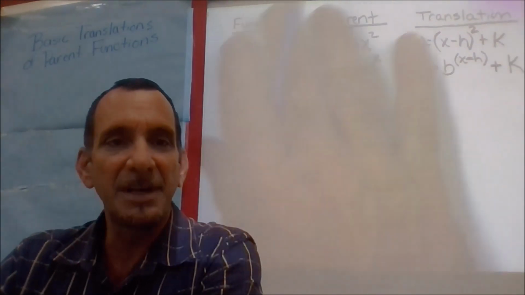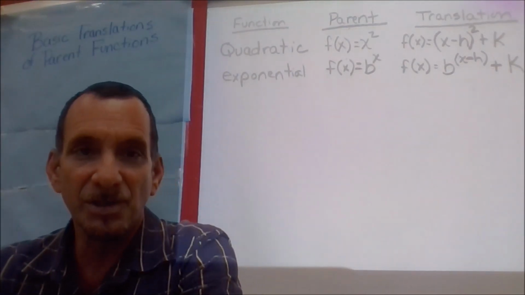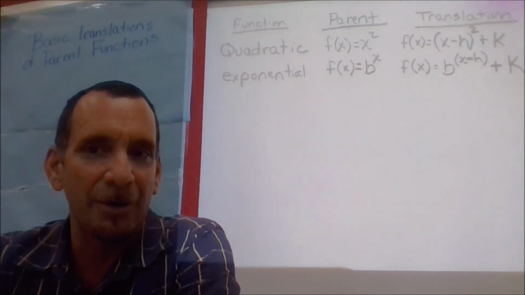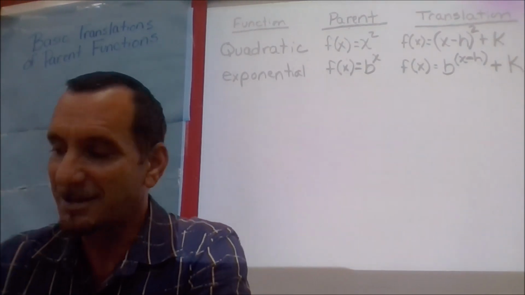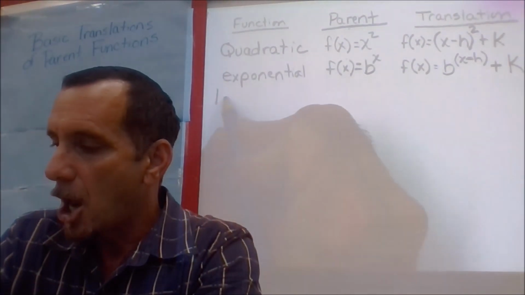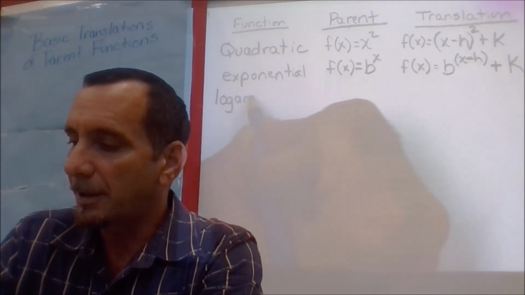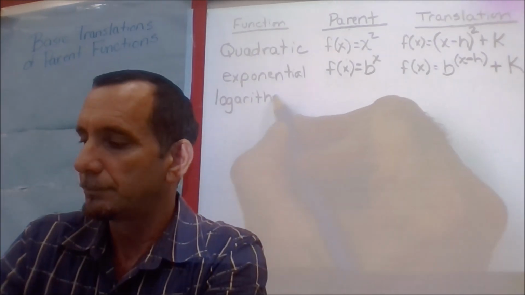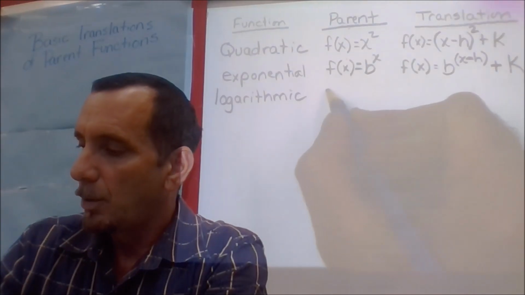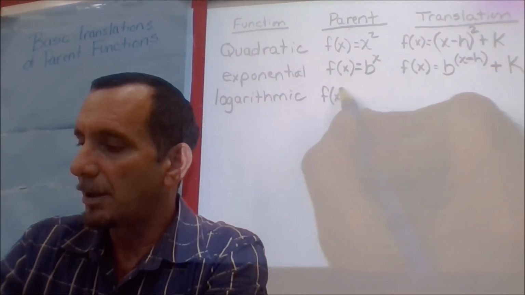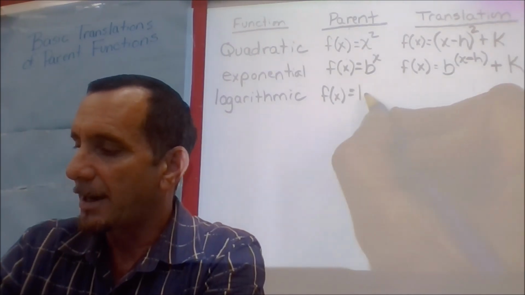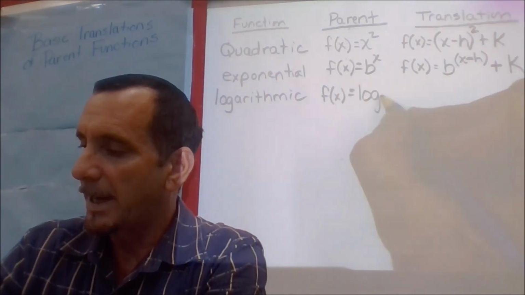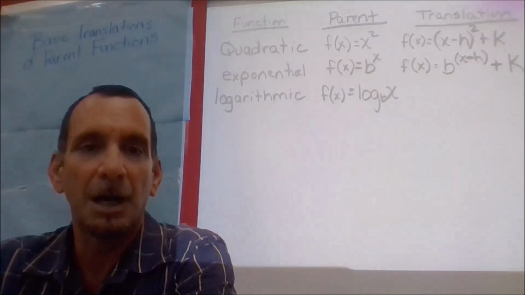Now we're just going to come down here and write all of these, and you'll start to see a very nice pattern for remembering left and right, up and down translations. How about logarithmic? We have a basic logarithmic function. We can call that log base b of x.